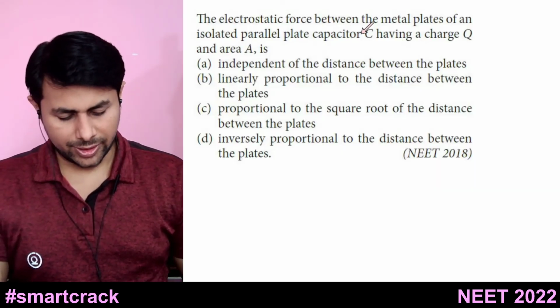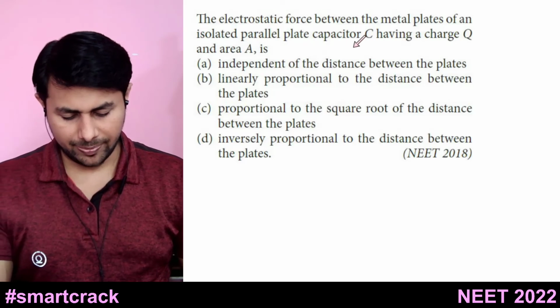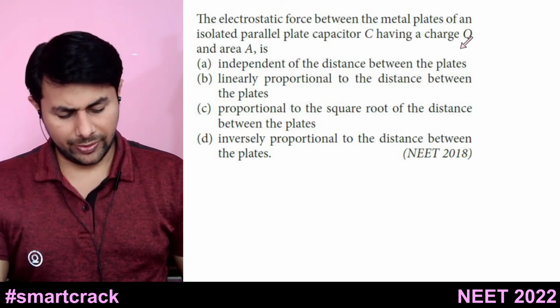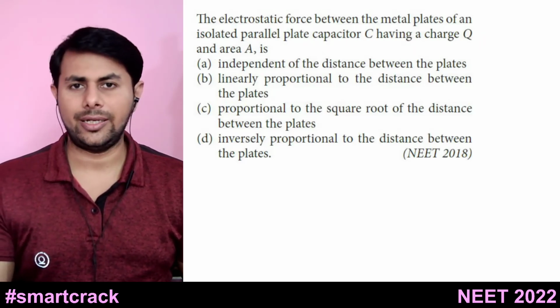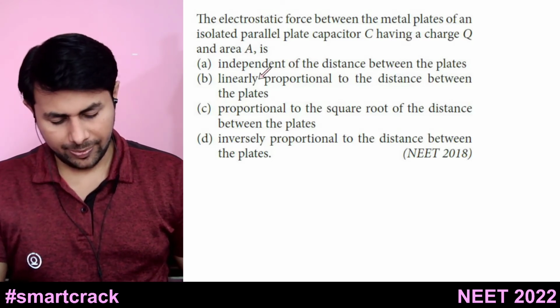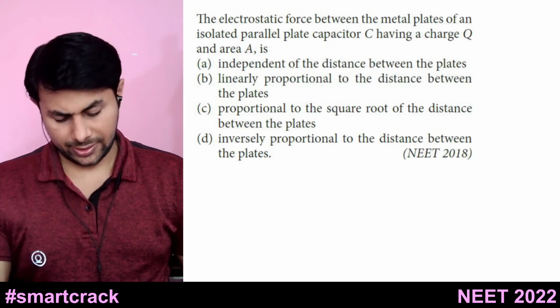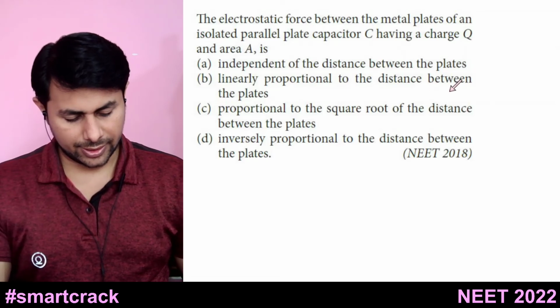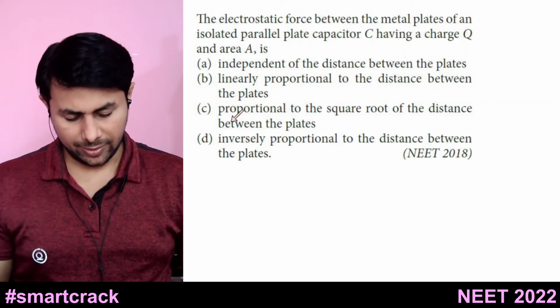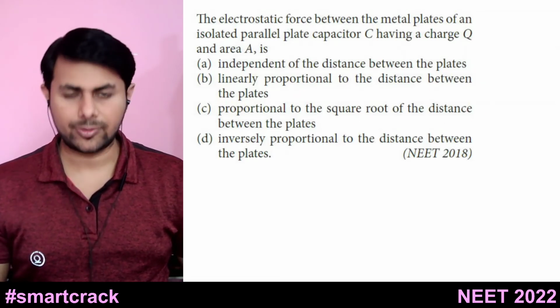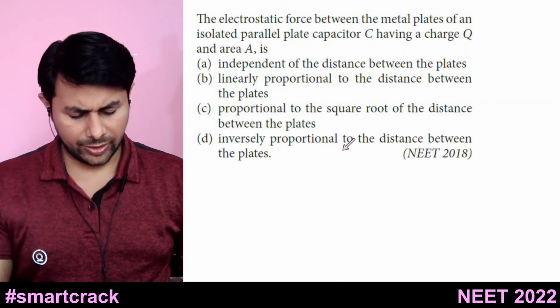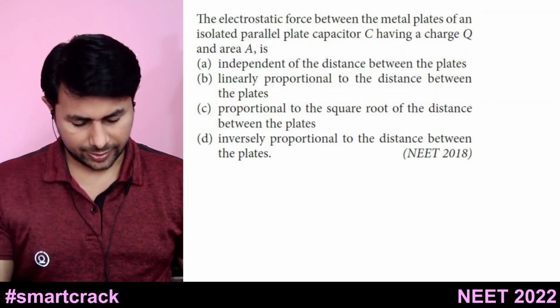The electrostatic force between the metal plates of an isolated parallel plate capacitor C having a charge Q and area A is: independent of the distance between plates, linearly proportional to the distance between plates, proportional to the square root of the distance between plates, or inversely proportional to the distance between the plates.